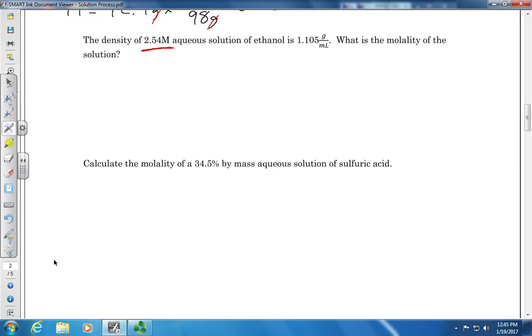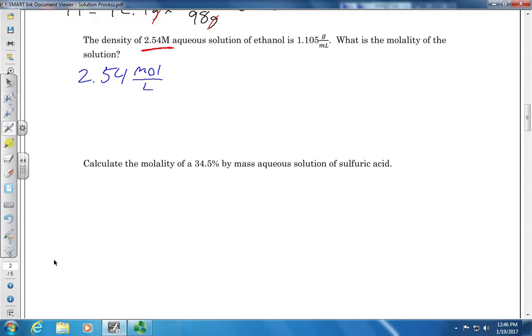Well, what it's saying is that you have 2.54 moles per every liter of solution. So let's just pretend for a second, for the sake of this problem, that we have 1 liter of solution. Because honestly, once we have that, we can calculate everything else.